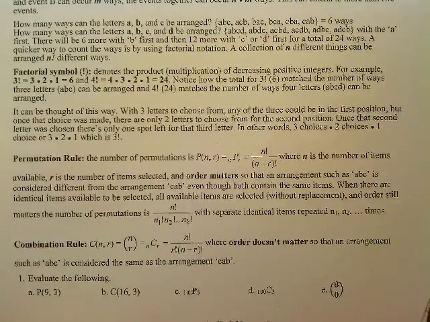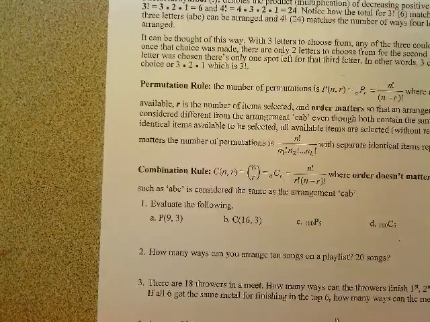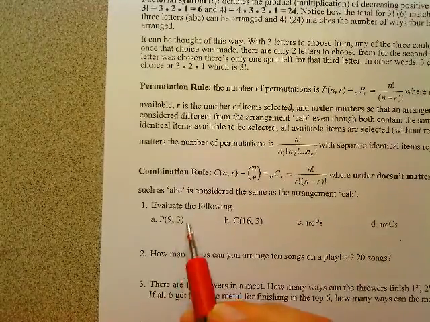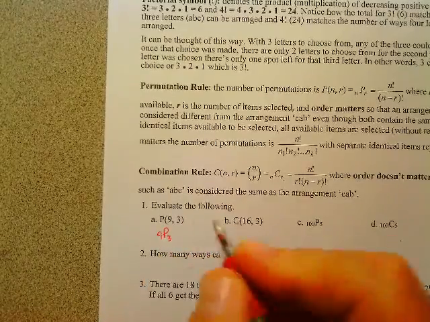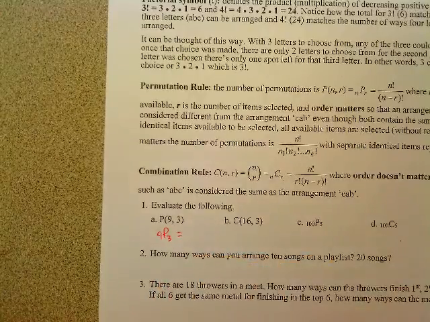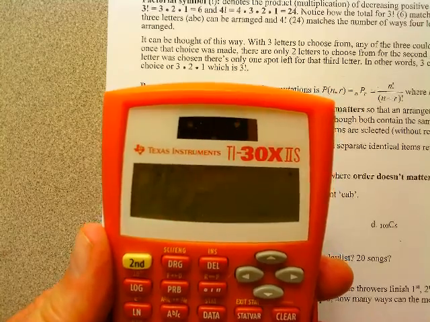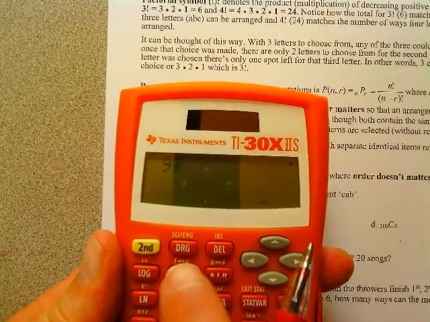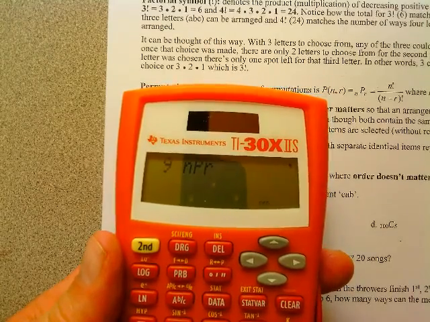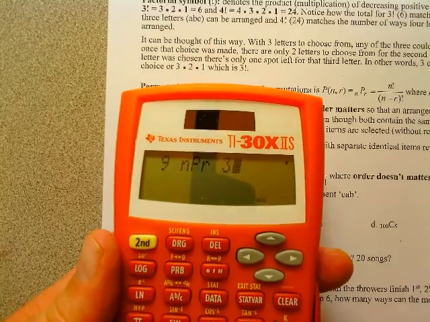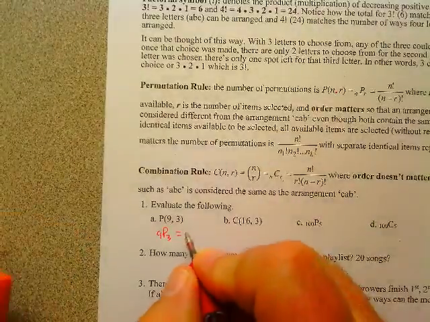So using our calculator, let's see what these particular things are. First of all, P93, which is the same thing as writing 9P3. If I use my calculator, I'm going to clear it. I'm going to go 9 and then hit the PRB. I'm doing the first one, so equals, then the 3, and then hit equals, and it comes out to 504.